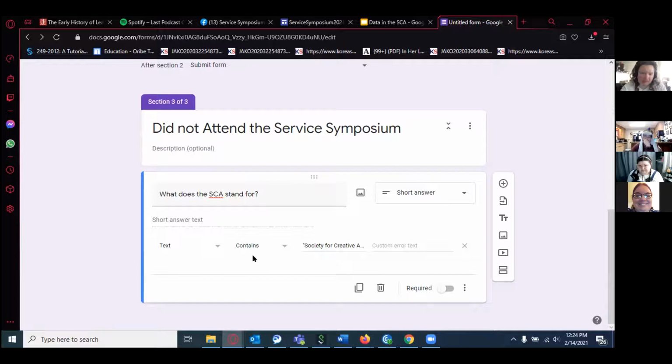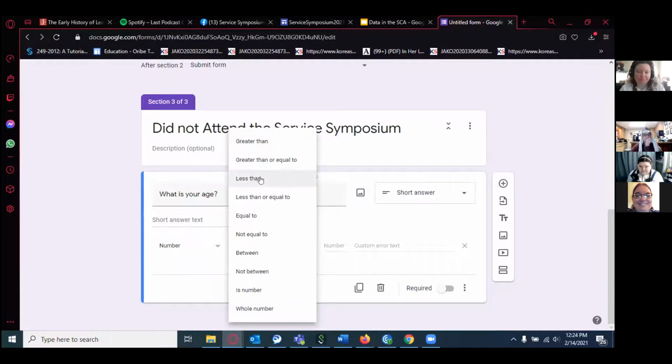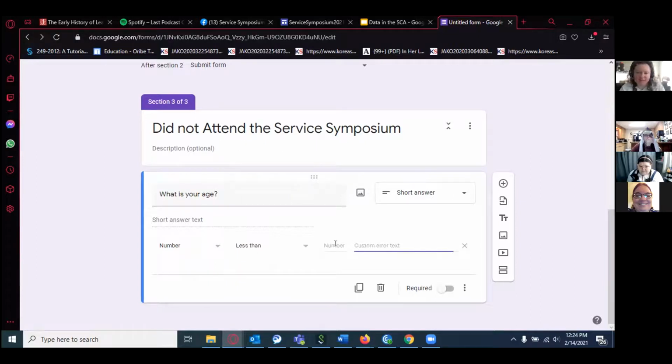Another thing that you could do is, what if you want to do just blank, what is your age? You can do a number and you can say, well, they're probably not going to be more than 150 years old.